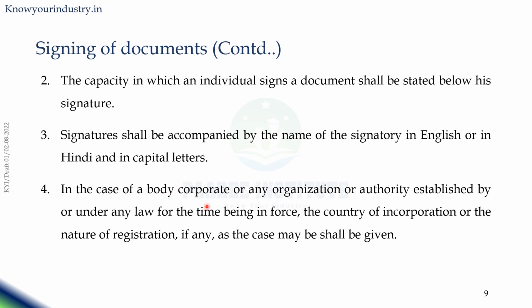In case of a body corporate or any organization or authority established by or under any law for the time being in force, the country of incorporation or the nature of registration, if any, as the case may be, shall be given. The nature of registration details need to be submitted with the application in case of a body corporate or any organization or authority established by or under any law for the time being in force.